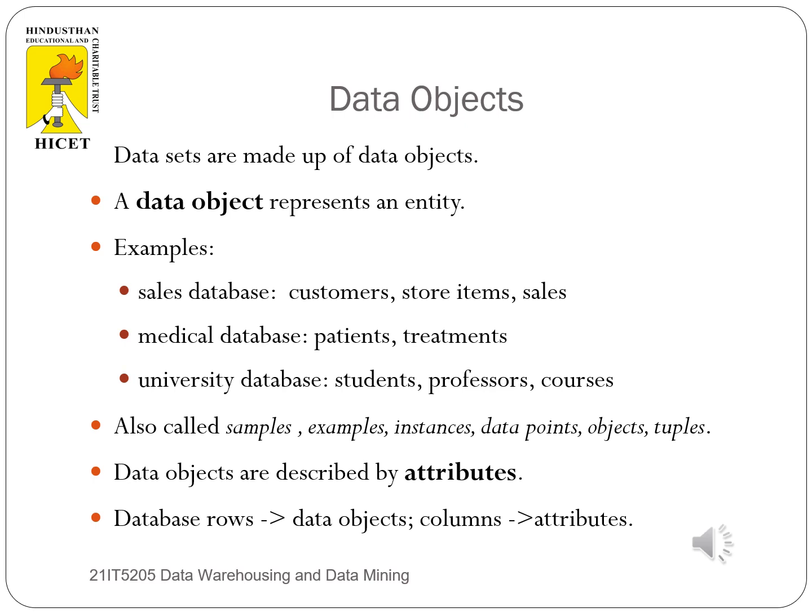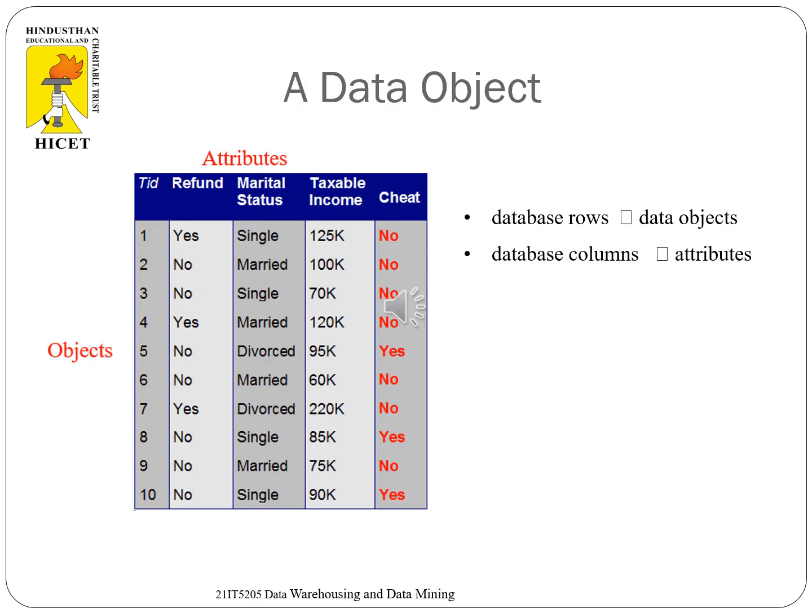We can call a data object a sample, example, instance, data point, object, or tuple. Data objects are described by attributes. In a normal relational database, data objects represent rows and columns represent the attributes.